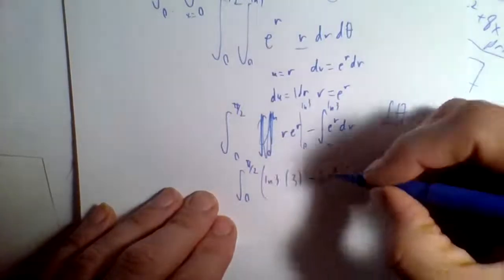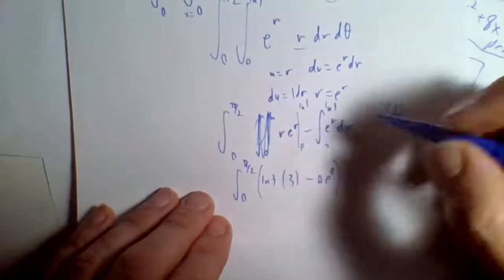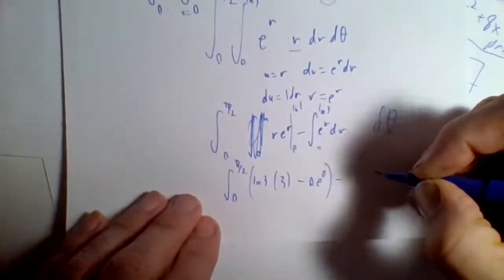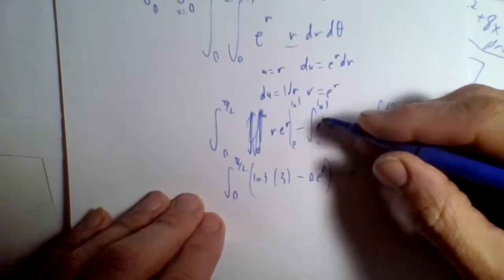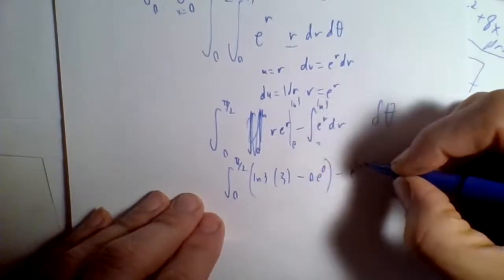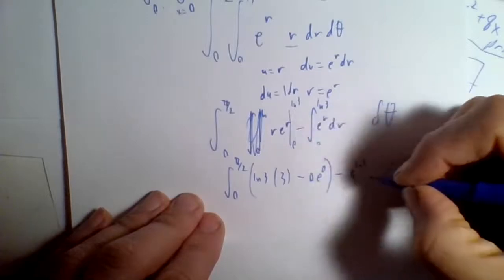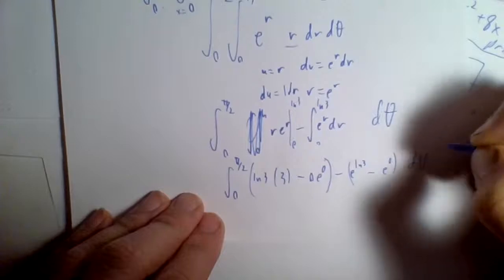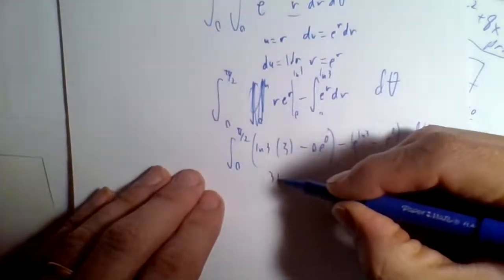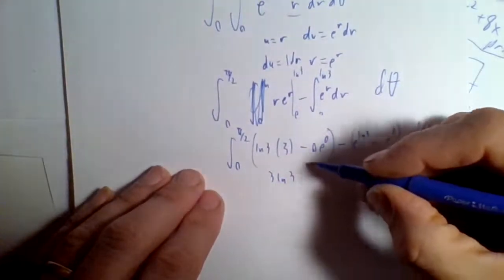That's what I got from that first term. This one, e to the ln of 3, which is also 3, minus e to the 0. So this is 3 ln 3.